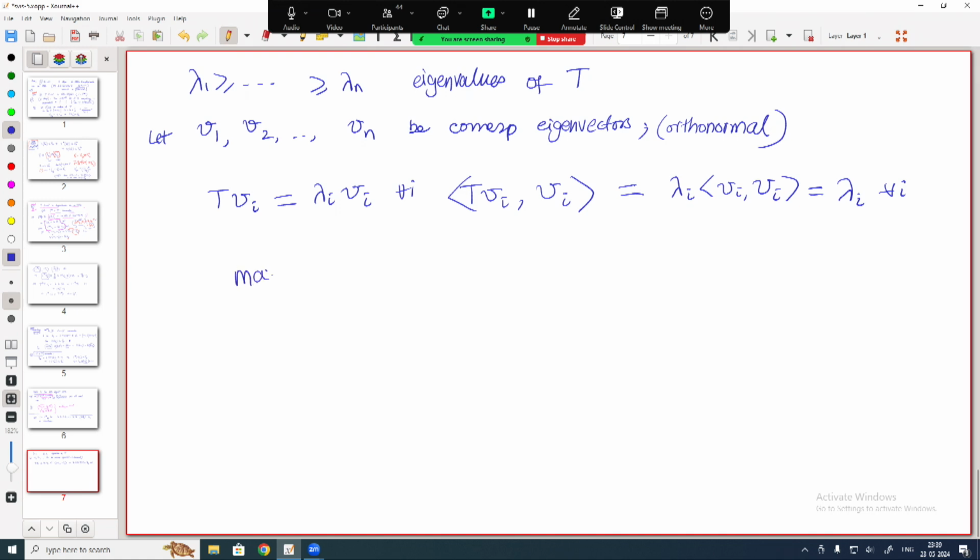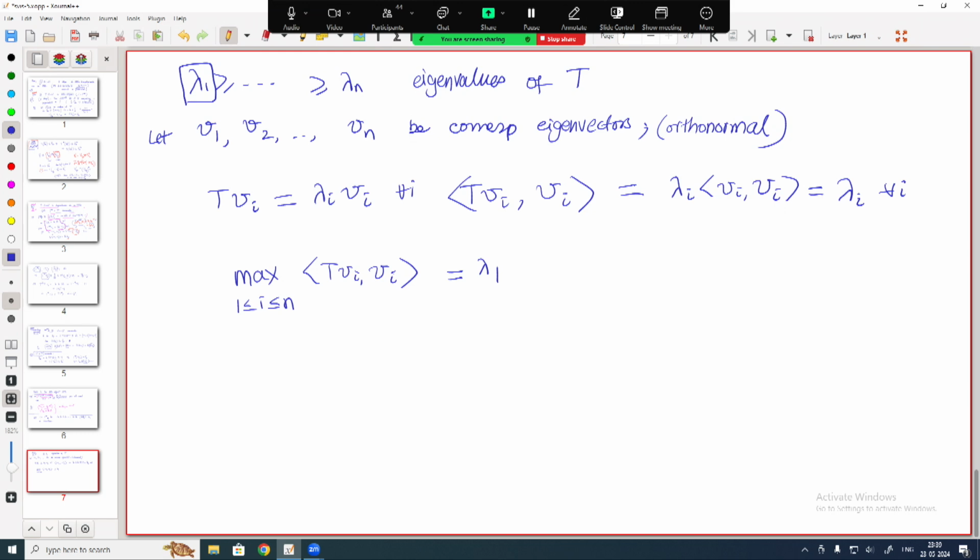What is the maximum value when i goes from 1 to n? Lambda 1, right. It is just going to be the first one, because by definition that is my largest eigenvalue.